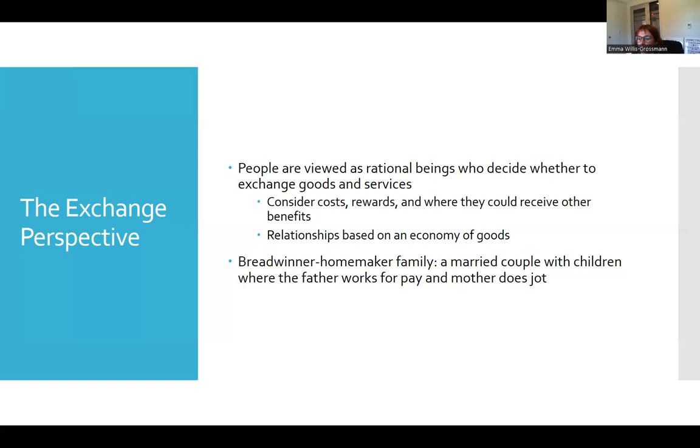Alternatives are anyone else that could do more for you or be a more beneficial partner or connection. So we take kind of all these things into account and decide whether or not the relationship is worth our time and effort.